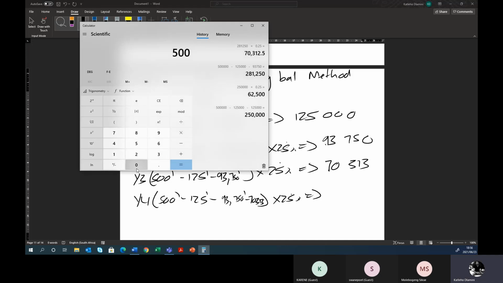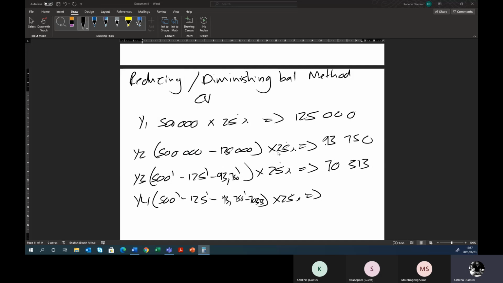So 500,000 minus the 125 minus the 93,750 minus the 7313, and I get, okay, wait, hold up, multiplied by 0.25. 52.734, I'm going to round it, so I'm going to drop those last digits. 52.734.